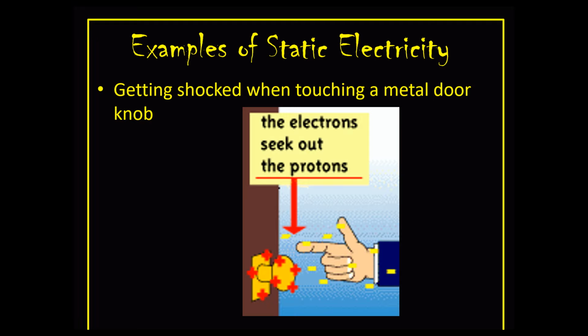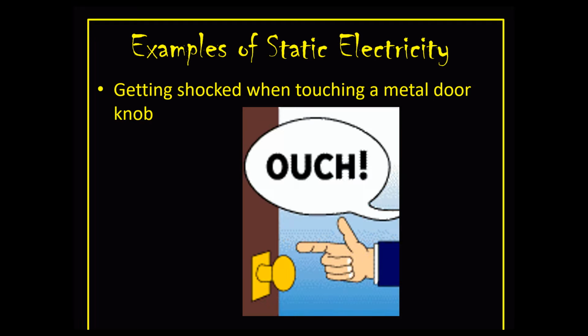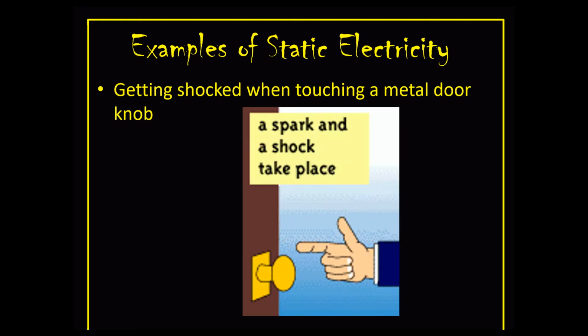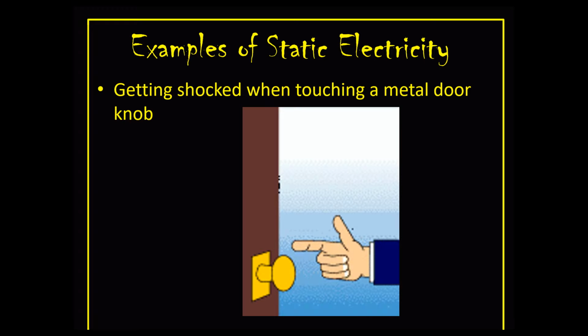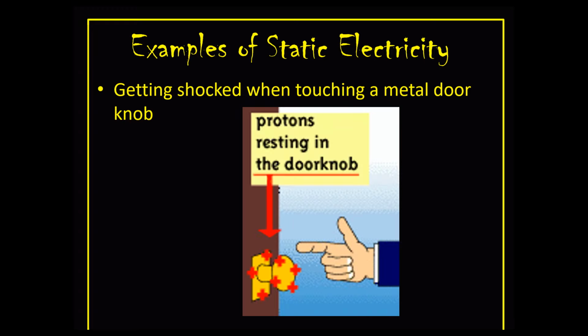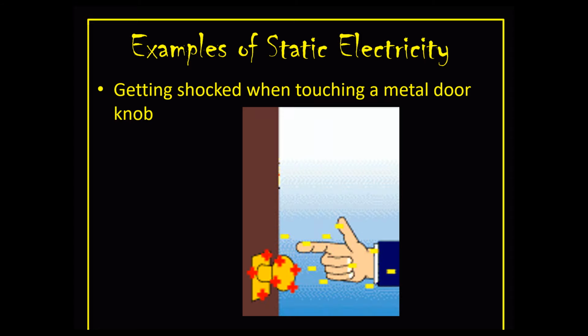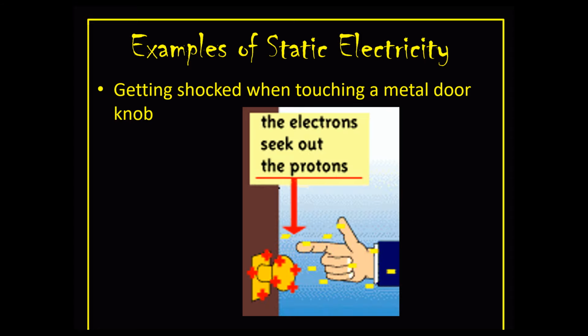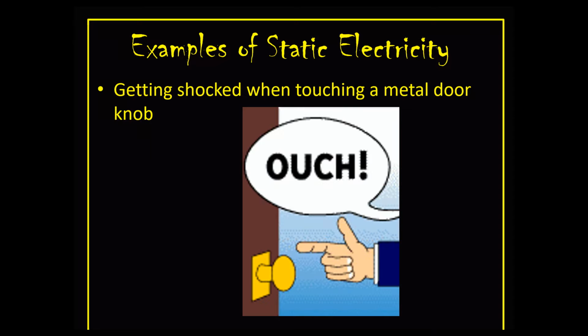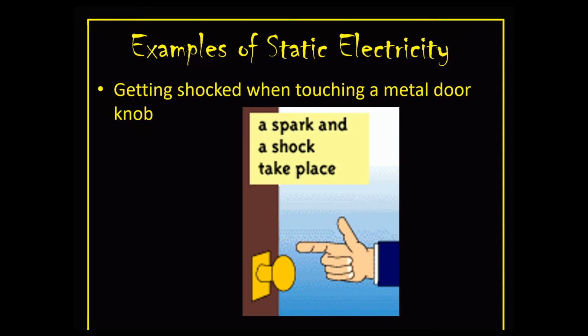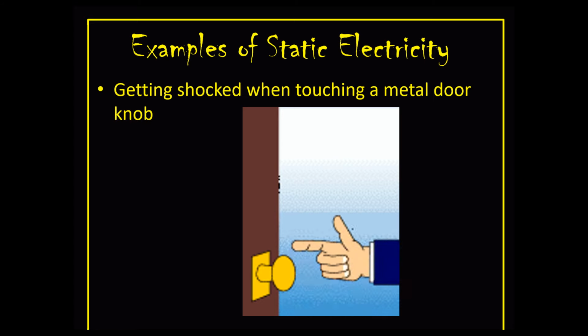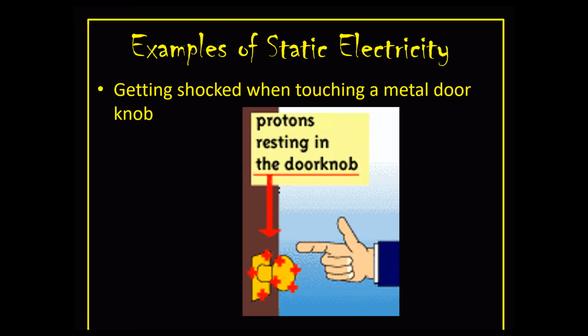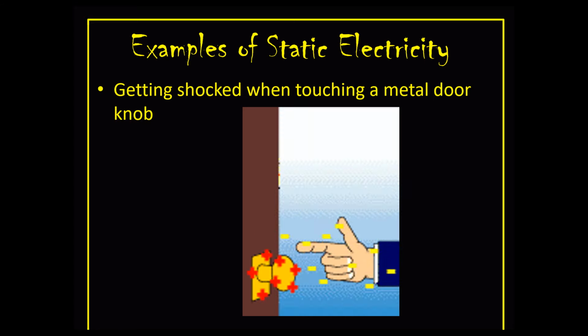Now, I don't know if you've experienced this, but you can actually have a static discharge between two objects that do not touch. So this person's hand could get a shock even before it touches the actual doorknob. We call that charge through induction. So when two objects come together and a static discharge occurs without touching, that's induction. And I'm going to remind you of that. We're going to get that in our notes in just a second.